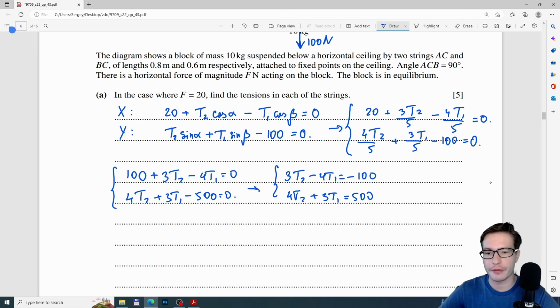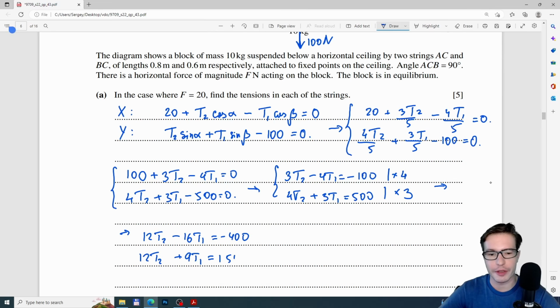Then I'm going to multiply the first equation by 4 and the second one by 3. So I will get 12T2 minus 16T1 equals minus 400. The second equation will be 12T2 plus 9T1 equals 1500.